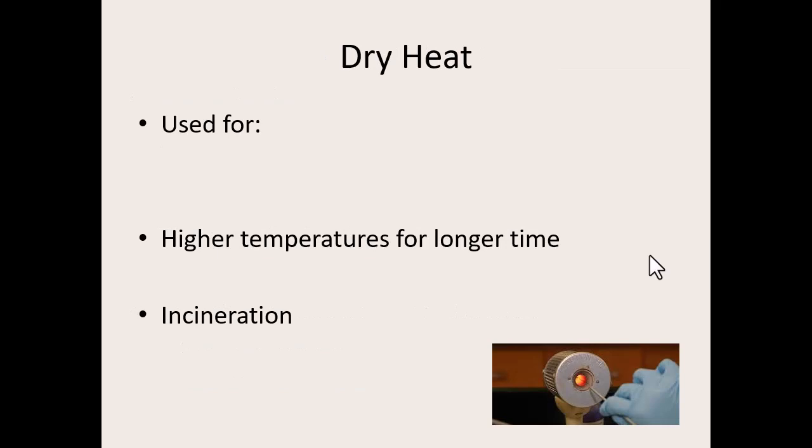Away from moist heat, on to dry heat. Dry heat is generally used when you are sterilizing or sanitizing instruments.